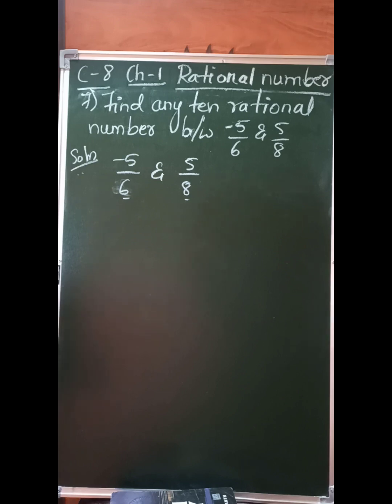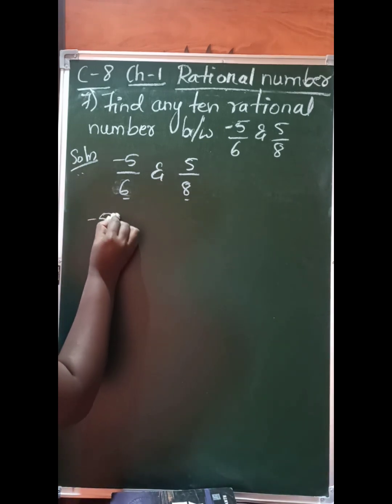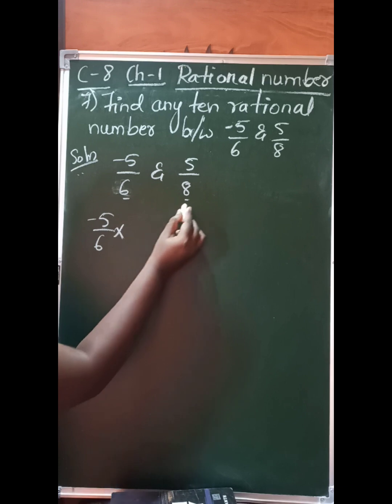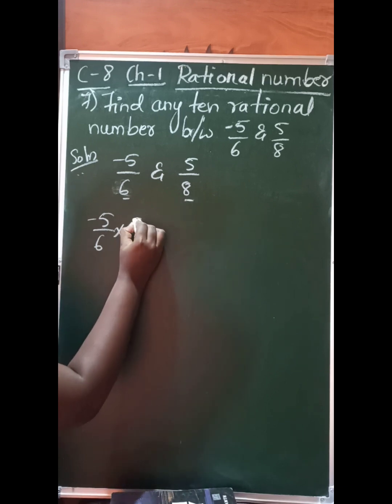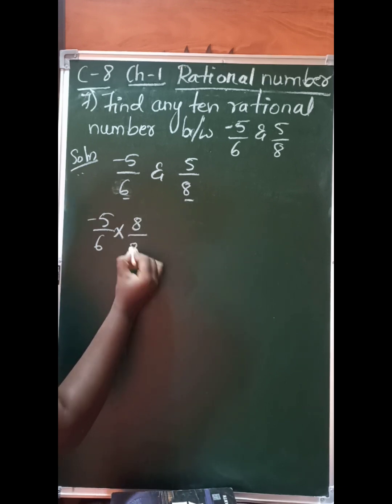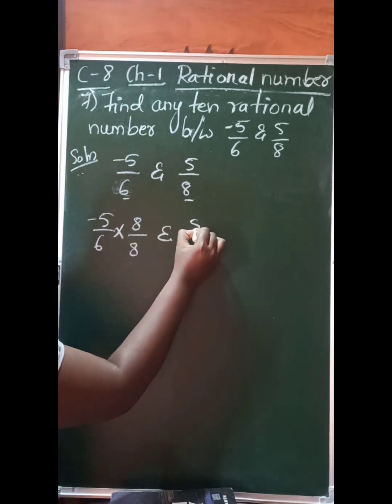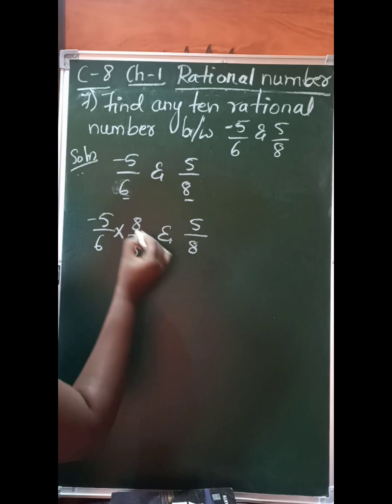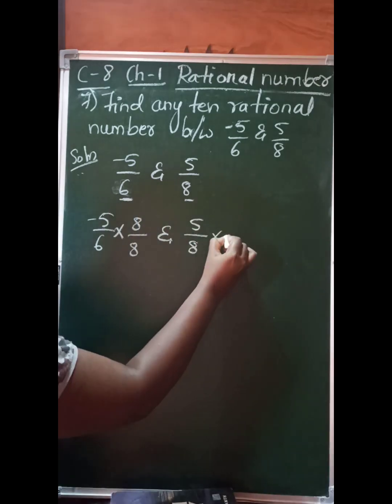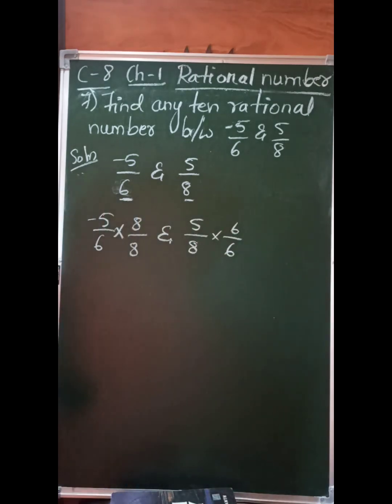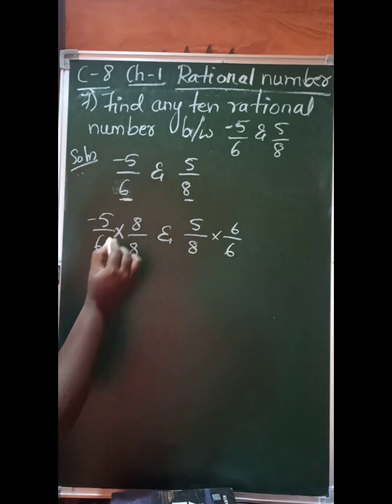How to do it? Consider minus 5 by 6 and multiply the other denominator, 8, into both numerator and denominator. Here also consider 5 by 8 and multiply both numerator and denominator by 6. Now multiply it.